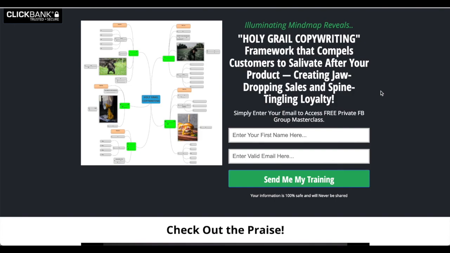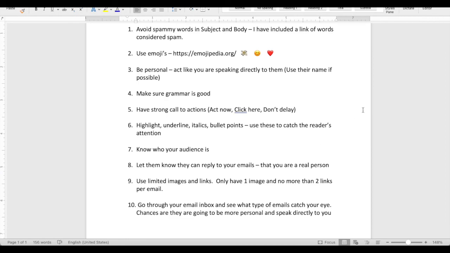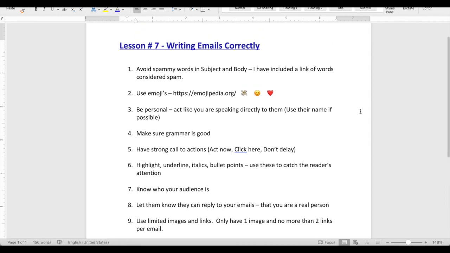Let's go back to the list that I had real quick. Okay, so we're just going to recap writing emails correctly: avoid spammy words, use emojis, be personal, use grammar well, have strong calls to action, use all the things like highlighting, underlining, bullet points, bold.